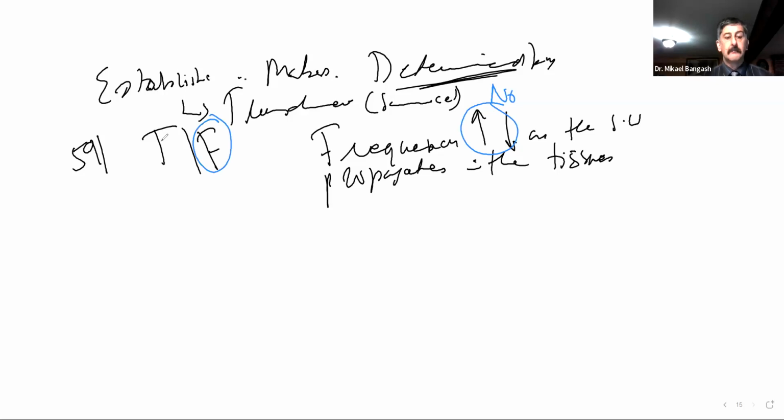And that's what it is. Your frequency does not change as the sound wave travels through the tissues. Clear? If it was, let's say, 10 megahertz here, it's going to remain 10 megahertz, no matter how deep it travels.